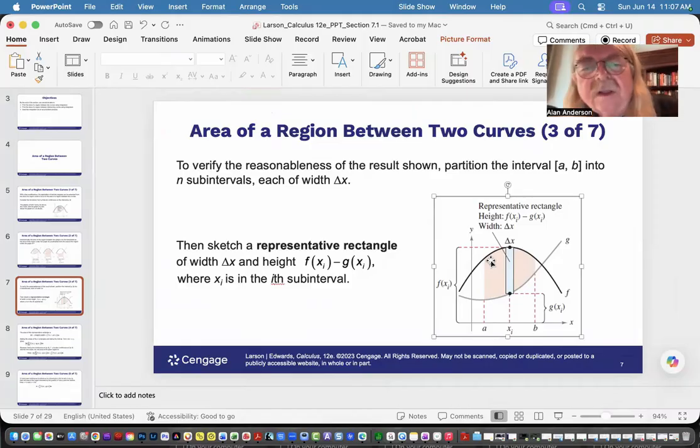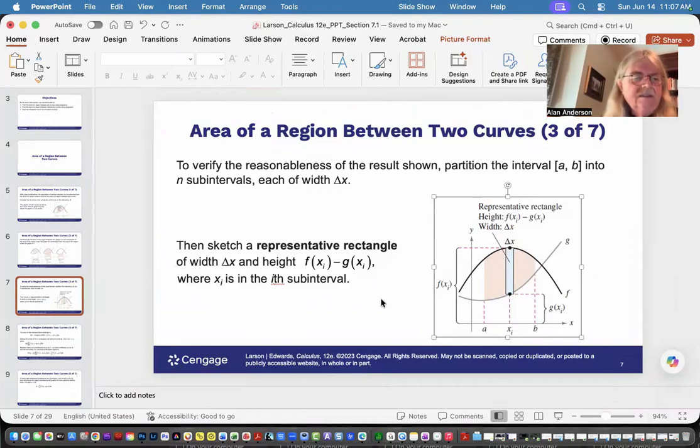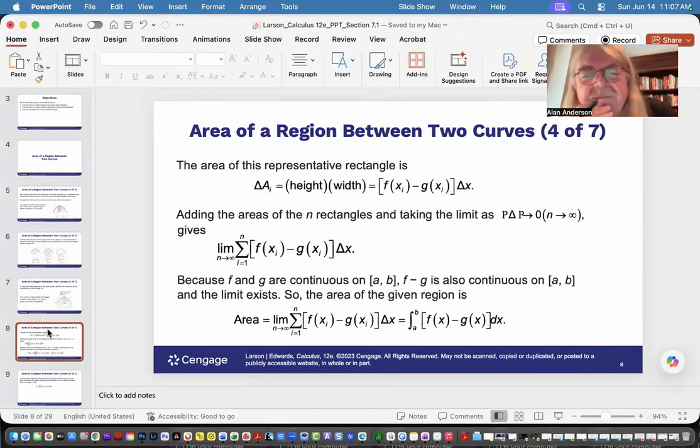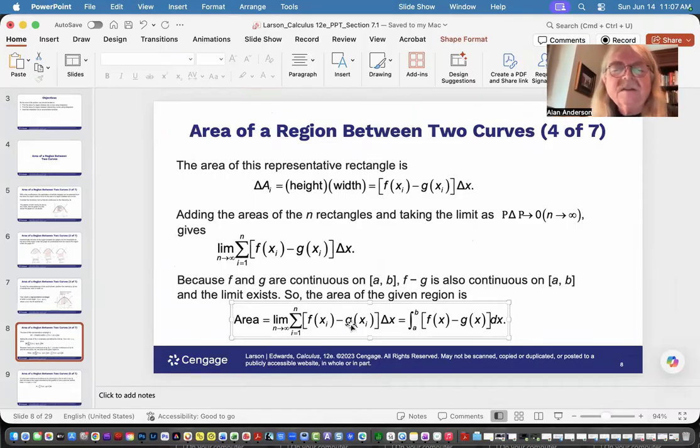Yes, and they're calling each one of them the ith subinterval. Okay, that's the number of rectangles. Okay, so then, of course, if we take a limit, this is what this is all building up to. This is basically just a justification for what we're doing. Let's get this on the notes.